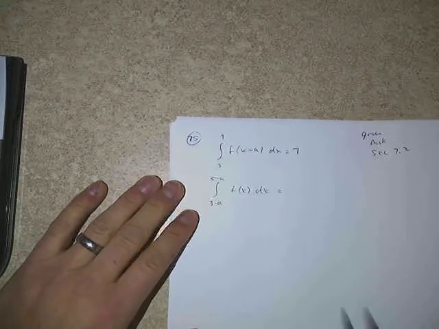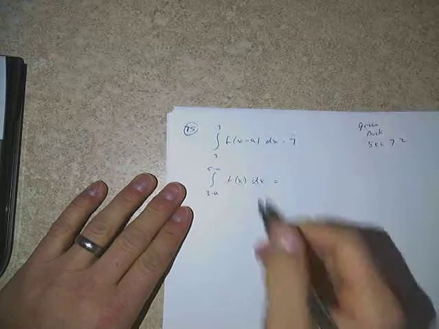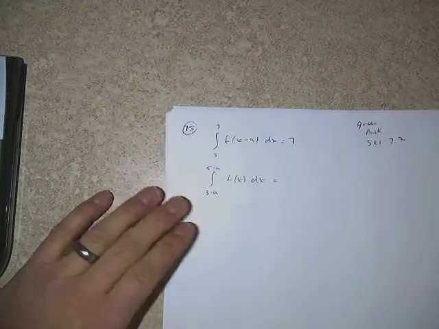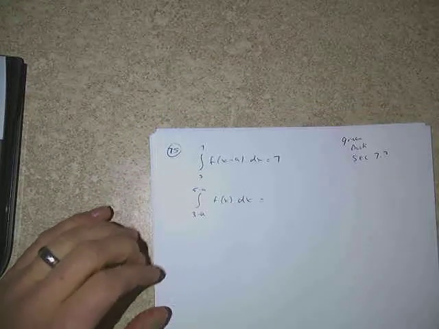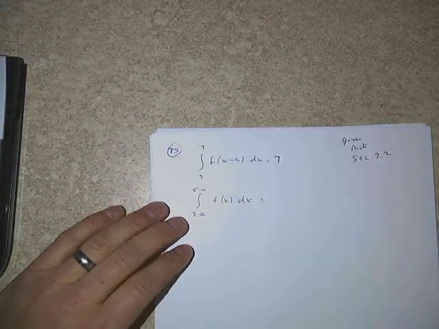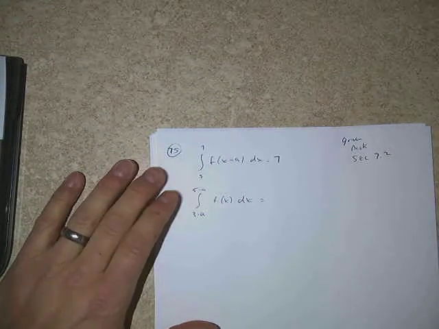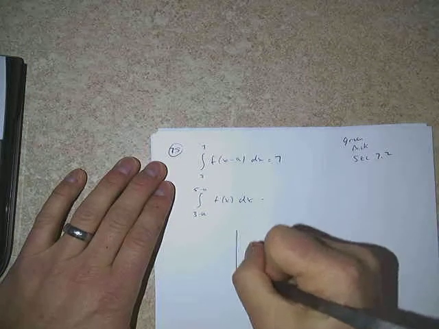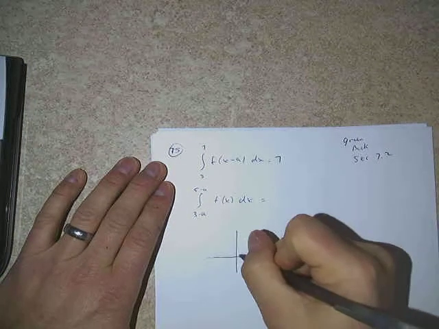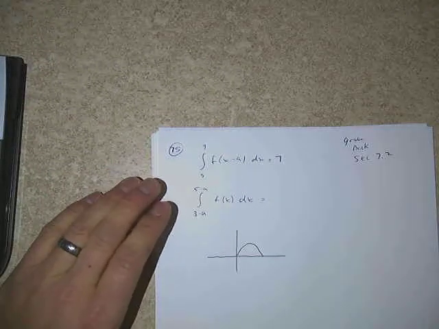Alright, so let's think picture-wise about what this would mean if I had this function compared to f of x. If I have f of x minus a, and I know about translations, which hopefully we do, that means the f function would move a places to the right. So for argument's sake, think about a picture of our normal sine function on 0 to pi.